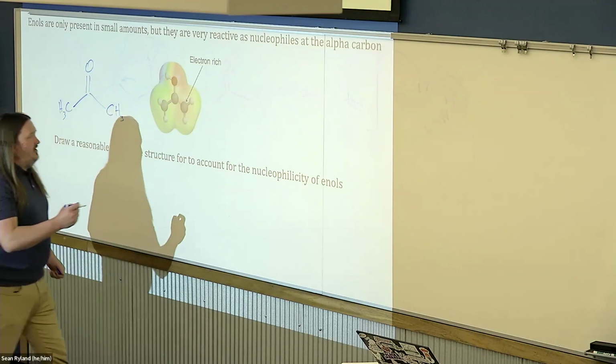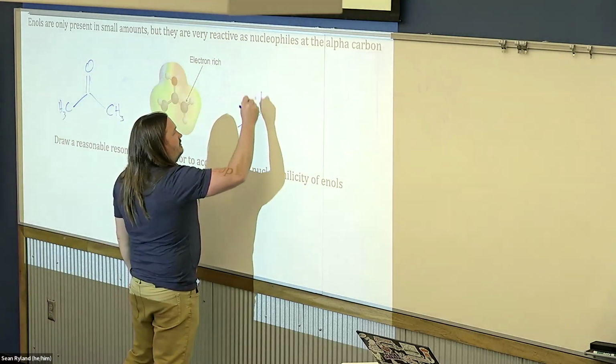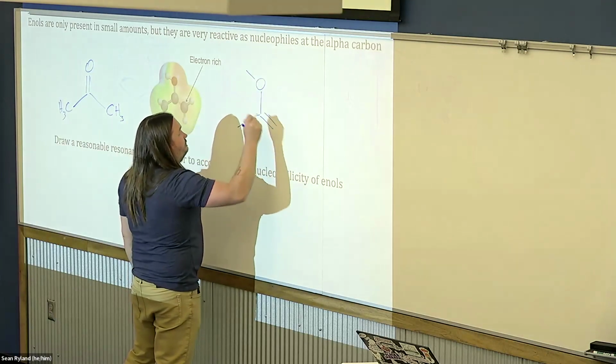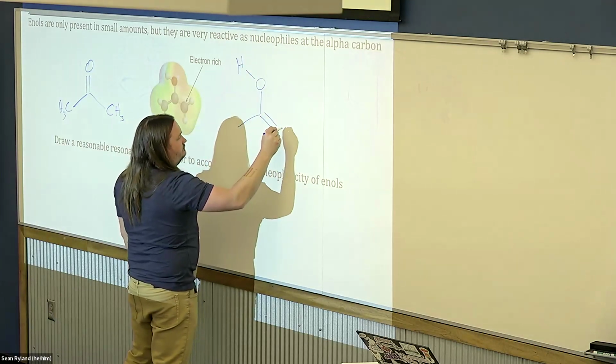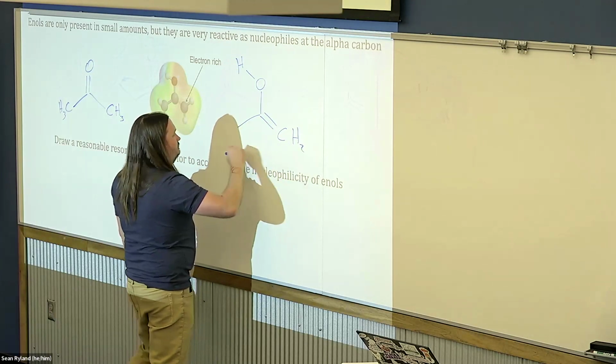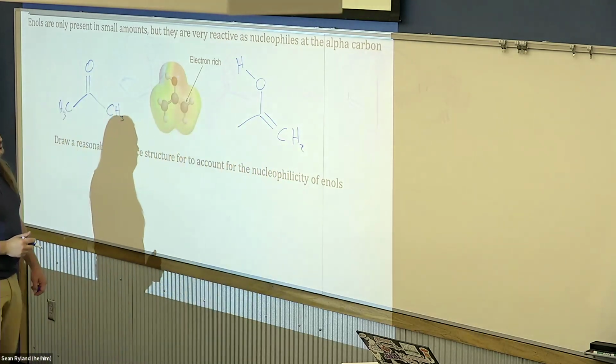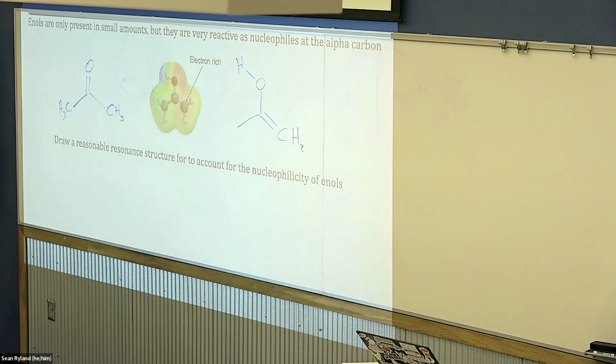So starting from the enol form, is there a resonance structure that could account for that?